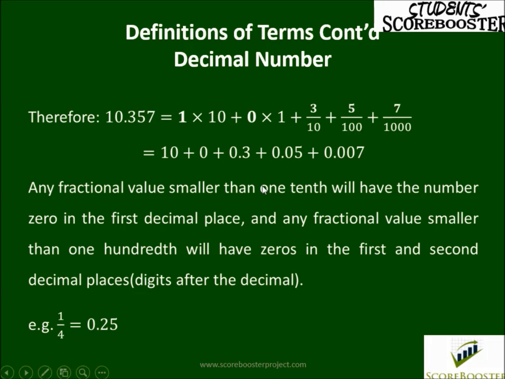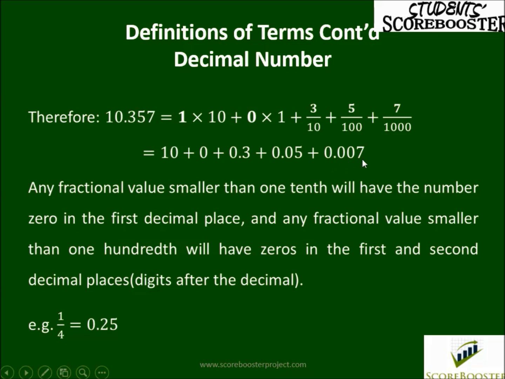When you have 0 in the first decimal place, it shows that the fractional value is smaller than 0.1. So 0.05 is less than 0.1, and any fractional value smaller than 1 over 100 will have zeros in the first and second decimal places. So 0.007 is less than 1 over 100, which is 0.01.